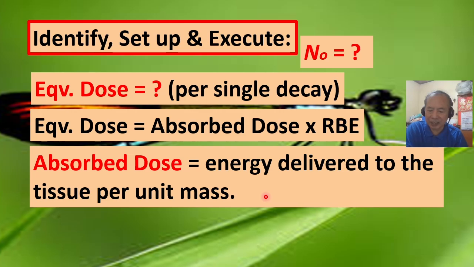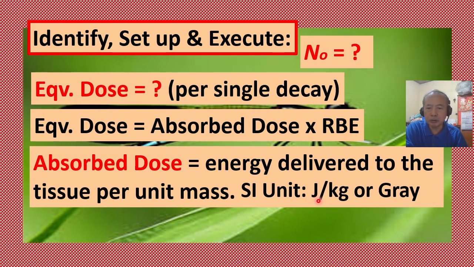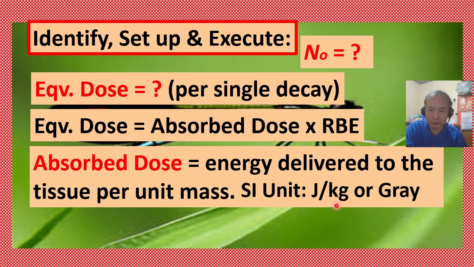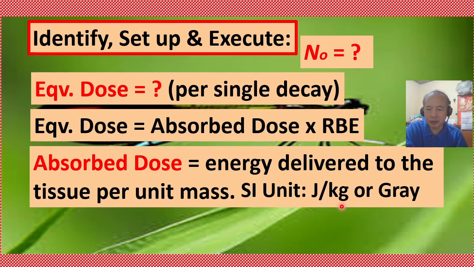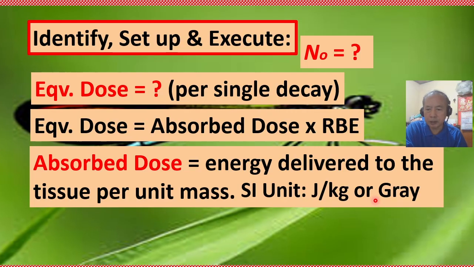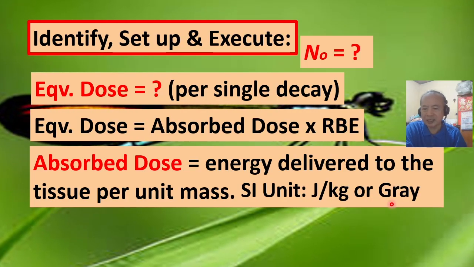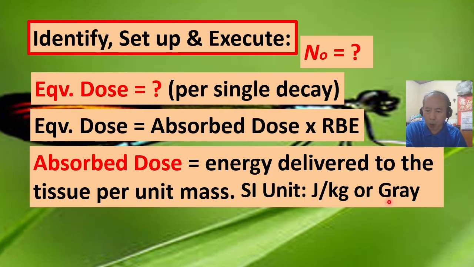And in the SI system, the unit is joules per kilogram, but that is equivalent to the unit Gray, abbreviated as Gy.